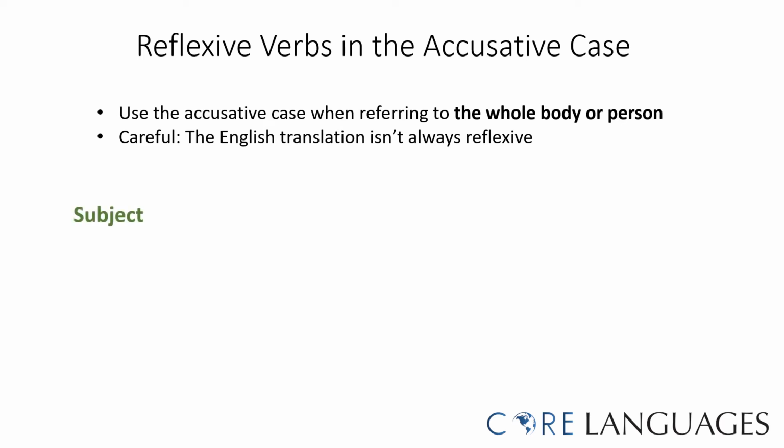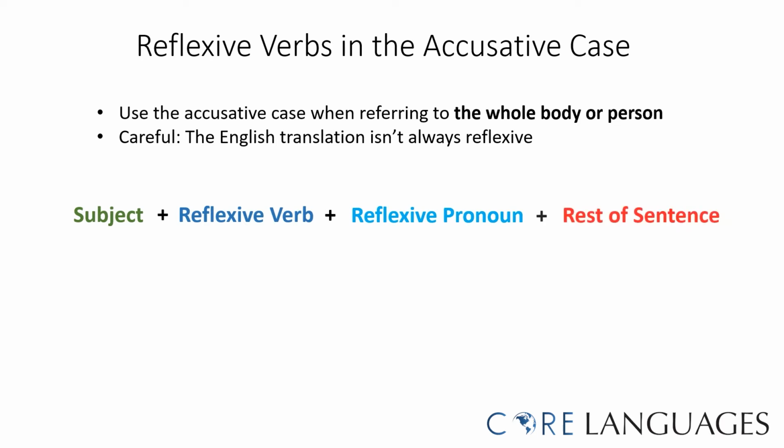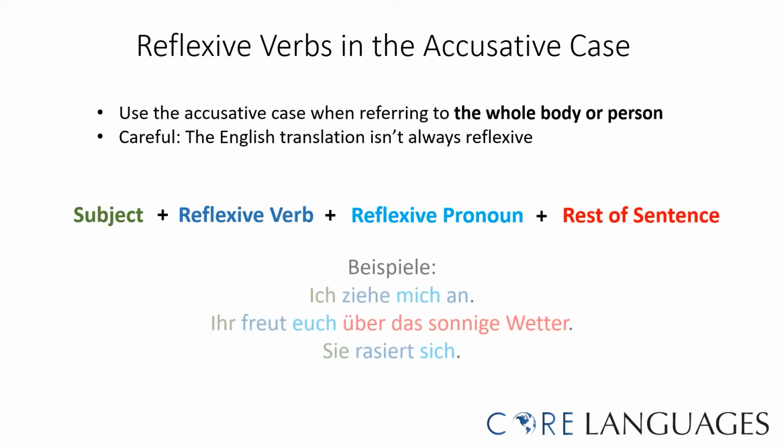In a sentence, we need a subject, then the reflexive verb and the reflexive pronoun, followed by the rest of the sentence. For example, zum Beispiel, ich ziehe mich an. Now this sentence could be, I'm getting dressed, but more specifically, I'm getting myself dressed.